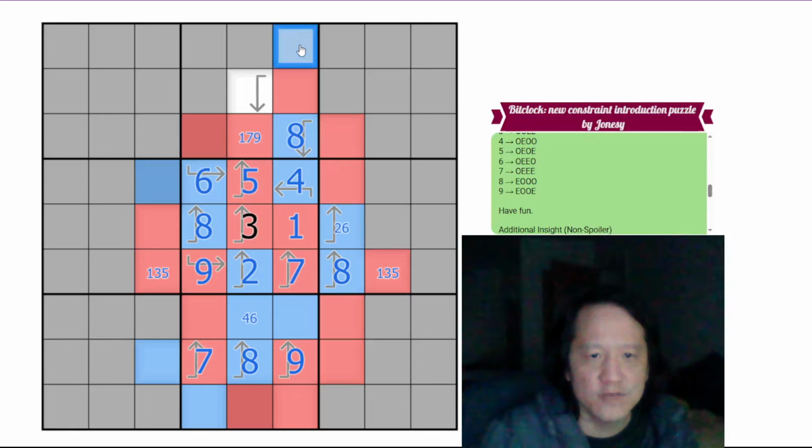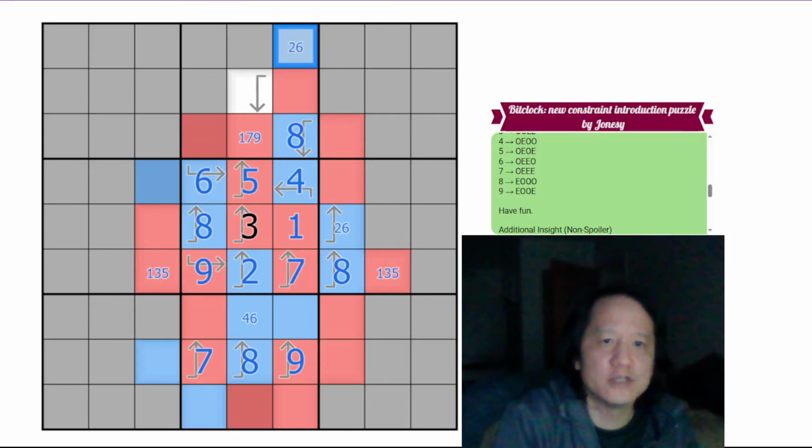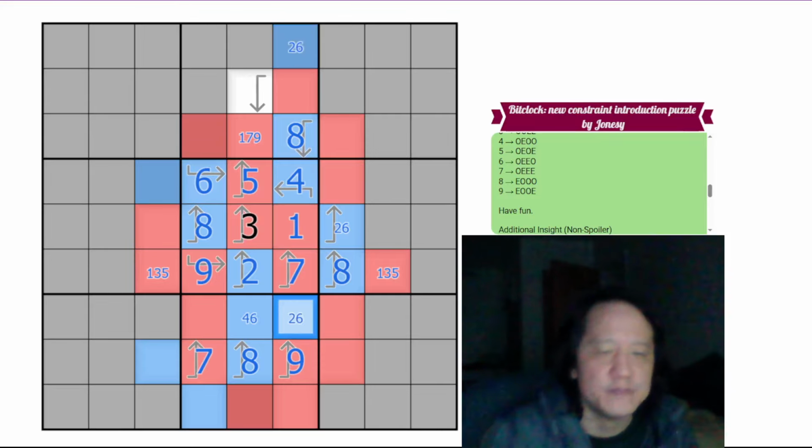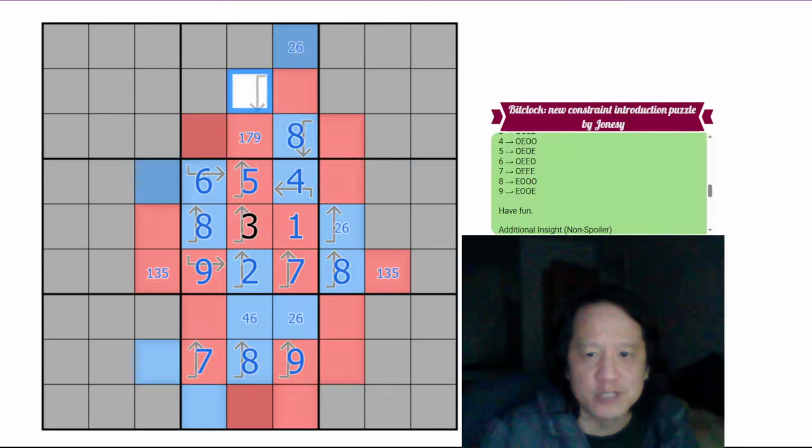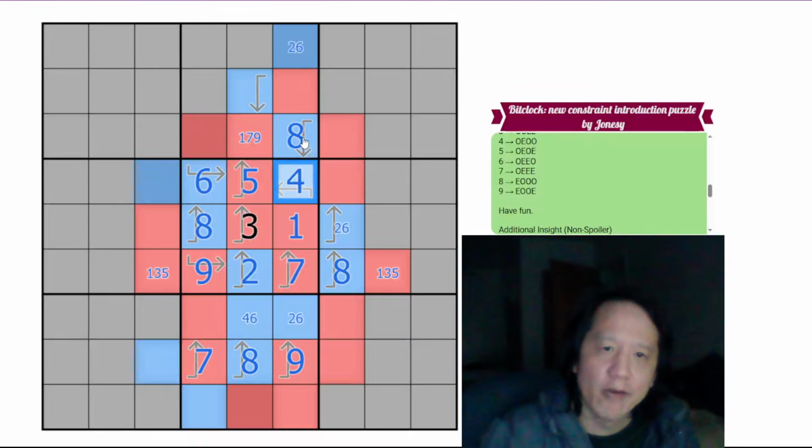So this is even. This must be 2 or 6. This must be 2 or 6. This digit has an odd digit on the 1's bit, which means it's off. So this must be an even digit. Cannot be 8. Could be 2, 4, or 6. Cannot be 2.